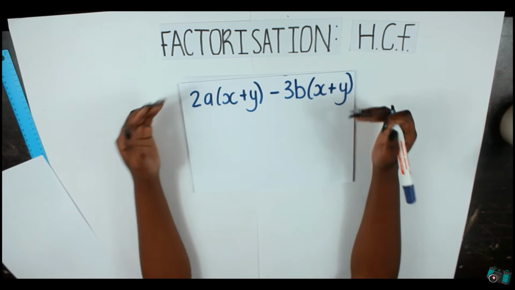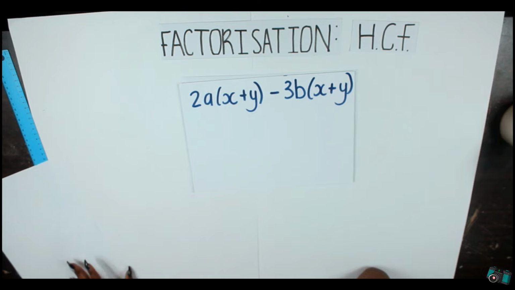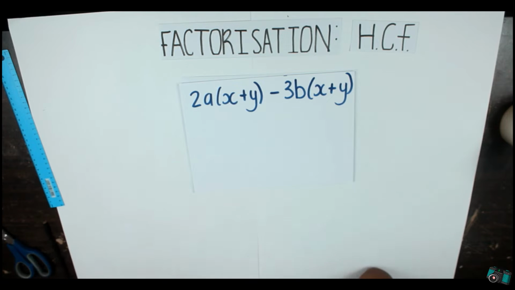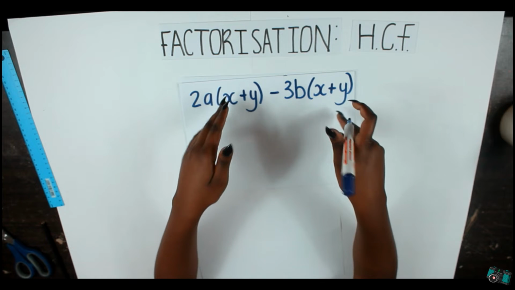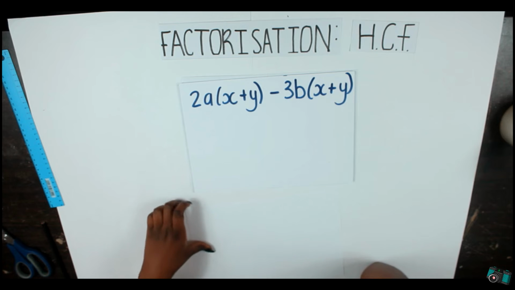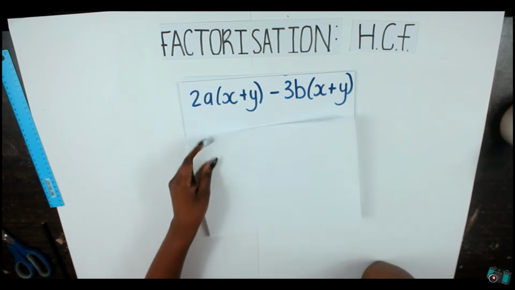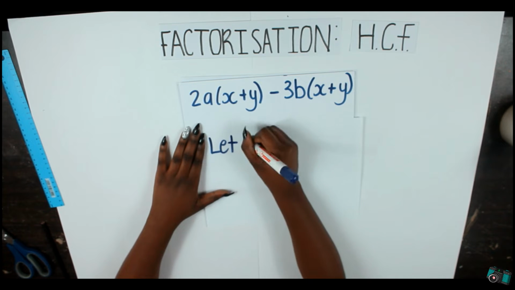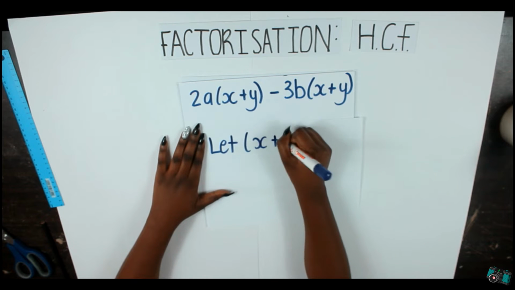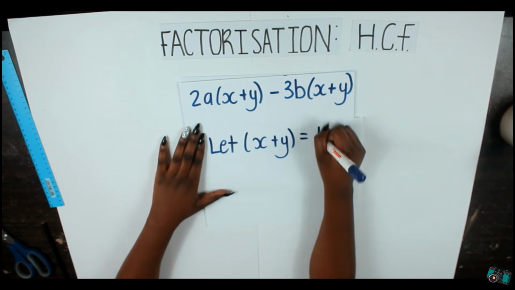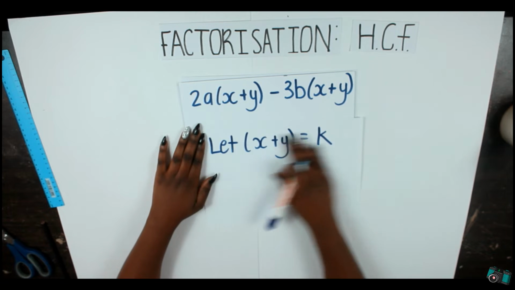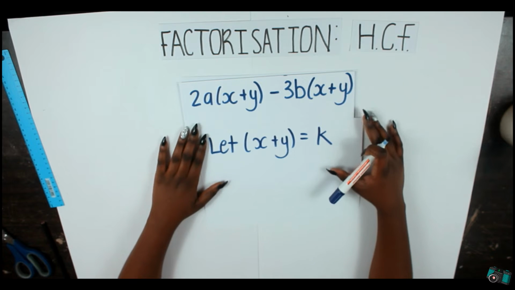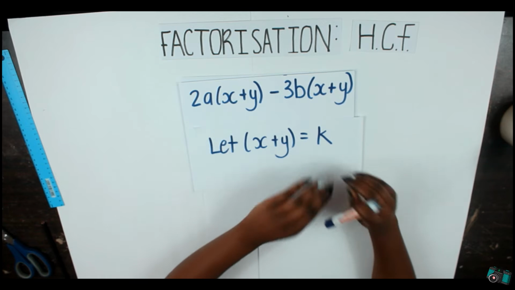It's not similar to what we have done before, but if you look, your brackets are the exact same. So a way to do it, to make it much easier, you could say let x plus y equal k. This you just write at the side of your sum, right? So x plus y is now k.